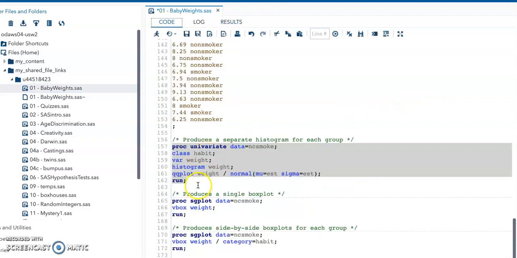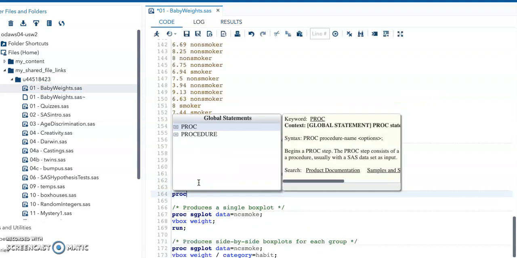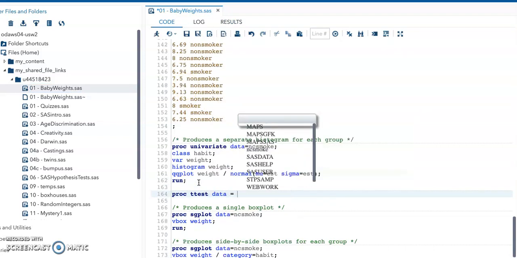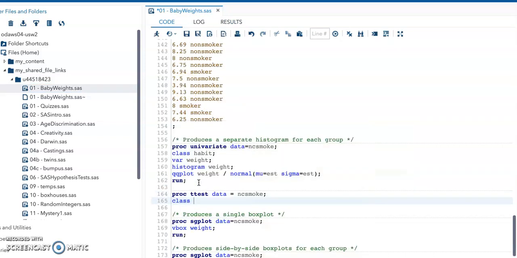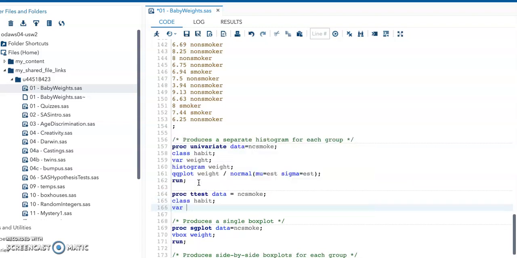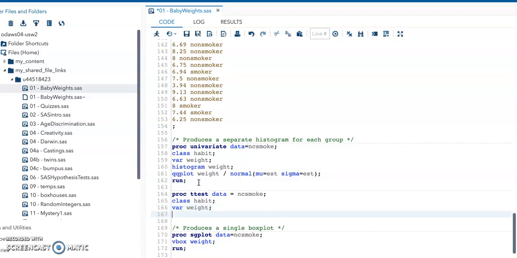I can also quickly show you what it looks like with proc t-test. So data equals, and then smoke. Since I really just want the graphs, I'm not going to add H0 or alpha or anything like that. But I do want SAS to know that I'm looking at a two independent samples problem, which is why I've got class and var here, just like I had in proc univariate.